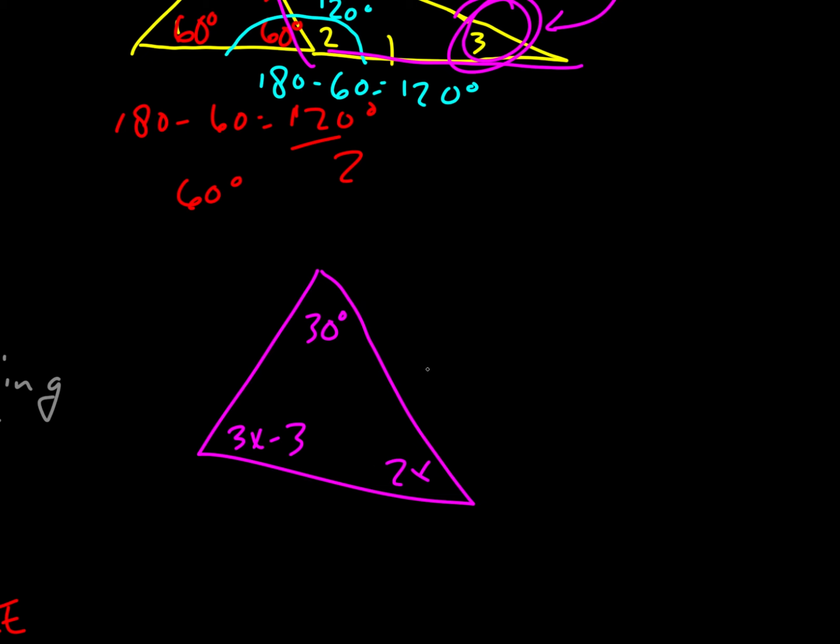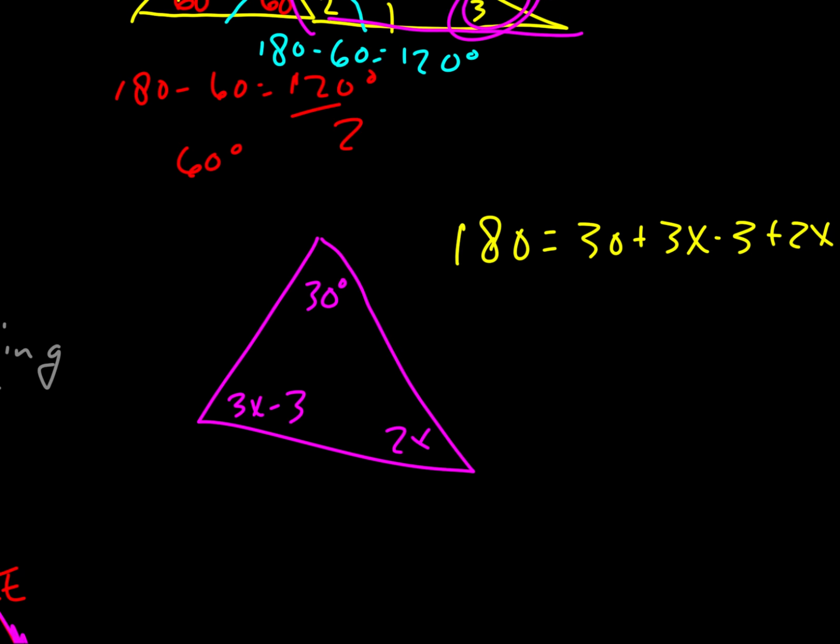Since all the angles in a triangle add up to 180, we can say 180 equals 30 plus 3x minus 3 plus 2x. Just adding up all of these and saying they equal 180. Then we combine like terms. Those two become 5x. These two become 27.